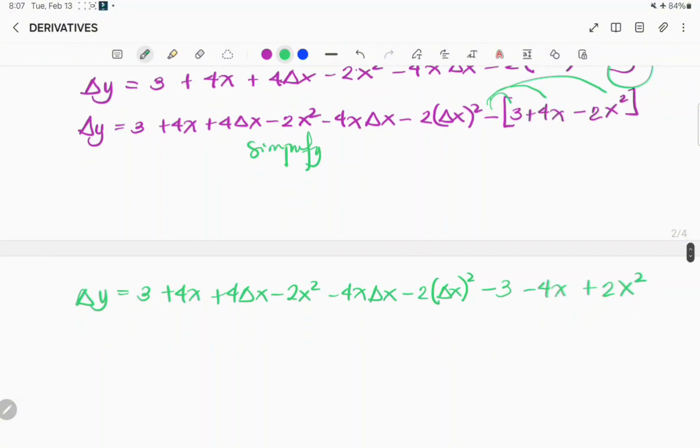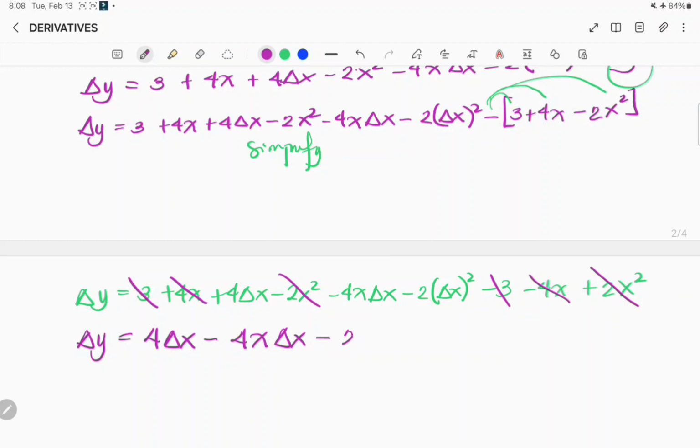Then we further simplify. I think we can cancel out 3 minus 3, 4x minus 4x, and 2x squared minus 2x squared. So the remaining terms on the right side of the equation will be 4 change of x minus 4x change of x minus 2 change of x squared.